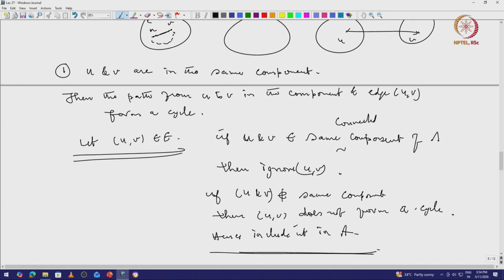This is the crucial point: when we are including an edge and when we are excluding an edge. We have said if it forms a cycle you exclude, and if it is not forming a cycle you include, but how to determine whether it is going to form a cycle or not?